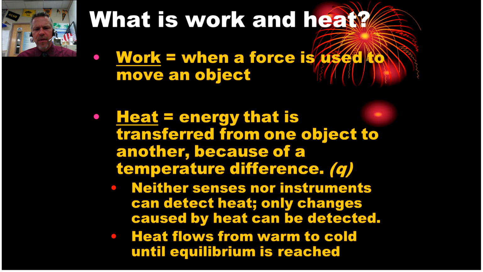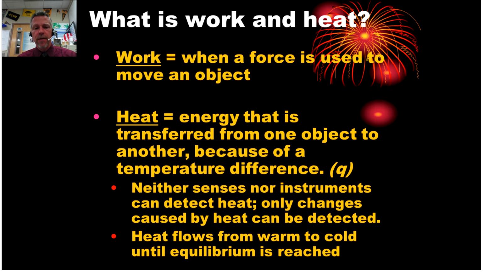And this is probably something you kind of know intuitively, but write it down anyway. Heat flows from a warm place to a cold place until equilibrium is reached. Equilibrium just means balance. So when your hands are cold and you hold them in front of the warm air heater, the vent in your living room blowing out warm air, your hands warm up because they gain heat from the warm air.